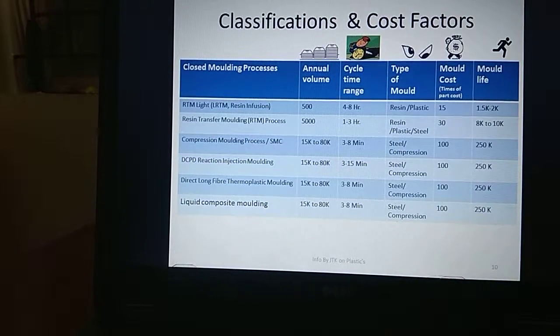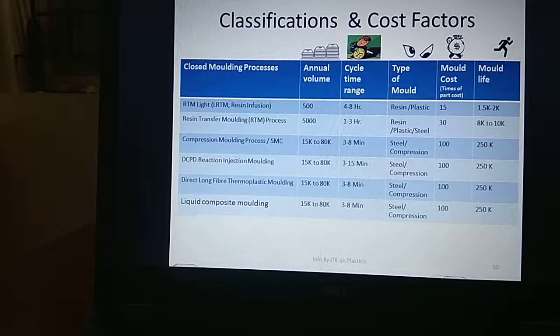If we compare these different closed mold processes, how much volume each process is suitable for, what kind of cycle range we can expect, the type of molds generally in practice, how much they usually cost, and what kind of mold life we can expect from each of them, this table gives you an overview of these 6 different closed molding processes.